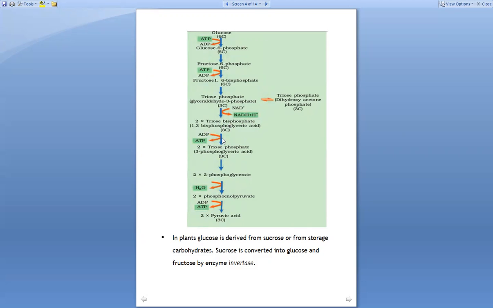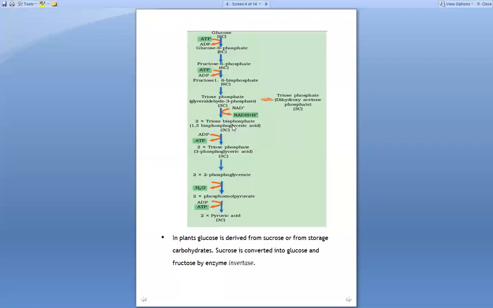Now again over here, after the conversion of this triose phosphate to triose bisphosphate takes place, here the energy is not utilized, but the energy is formed. So here the adenosine diphosphate, what happens? Now already we have the phosphates, right?